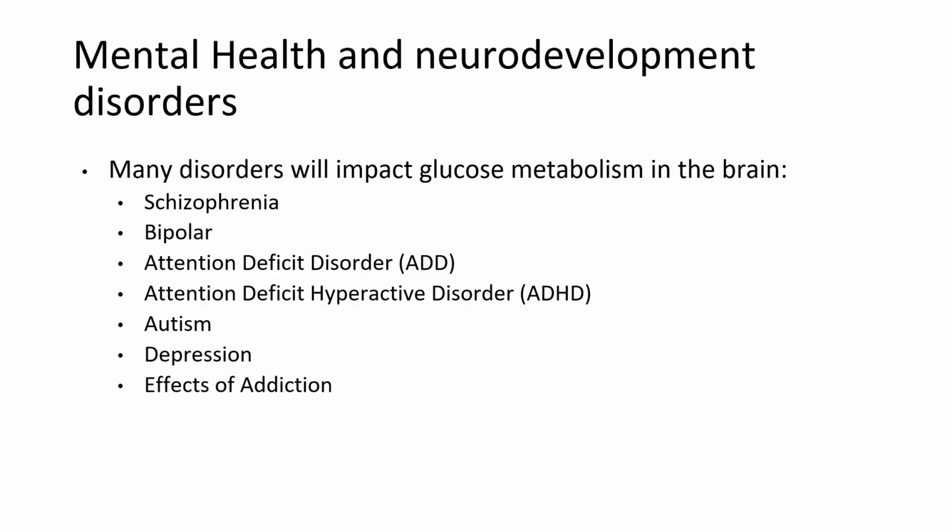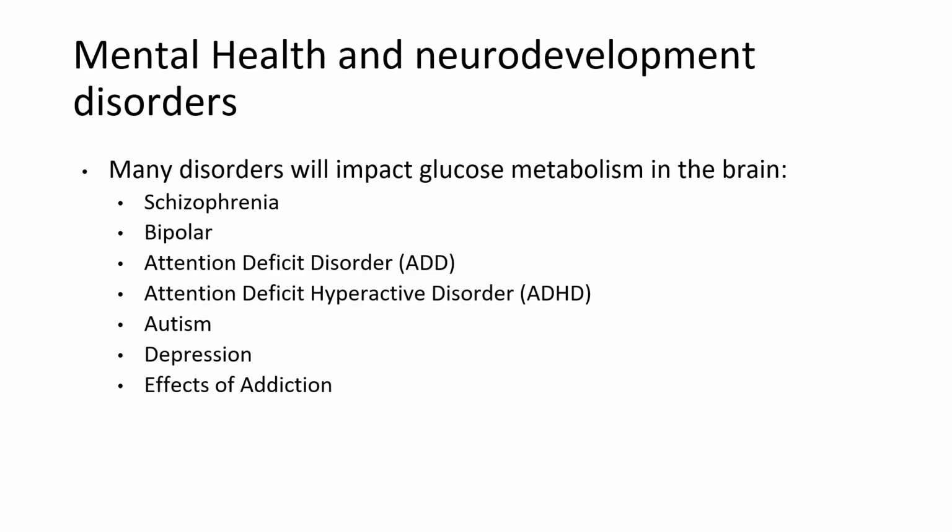There are some clinics, a lot of them in California actually, that will do mental health and neurodevelopment, mood disorders, things like that, look at the effects of addiction. And so it can be used for those things because anything that impacts glucose metabolism will show up.